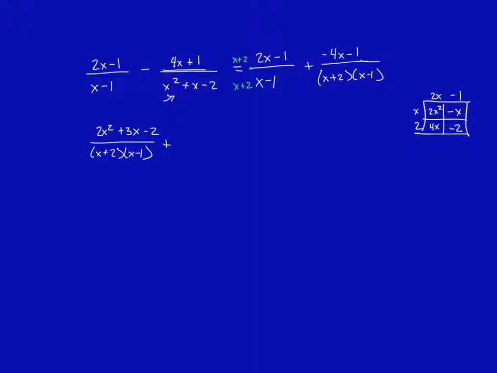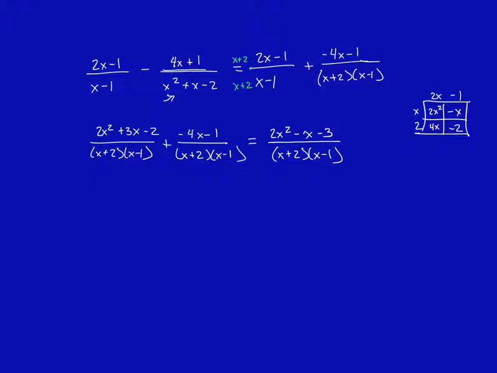And then we have plus negative 4x minus 1 over x plus 2 and x minus 1. Then we're just going to combine our like terms, and so we have 2x squared and 3x and negative 4x gives me negative x, and negative 2 and negative 1 gives me negative 3 over x plus 2 and x minus 1.